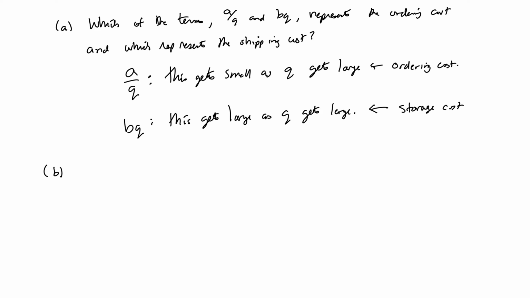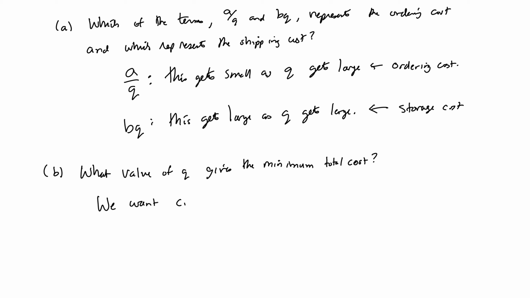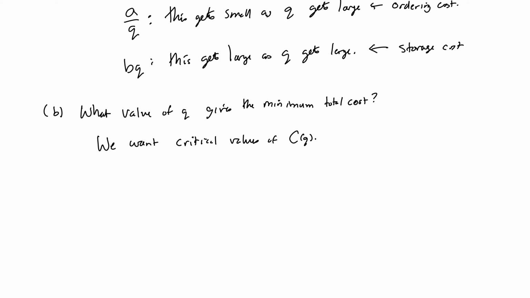That's our first step. Now let's look at what value of Q gives the minimum total cost. So for this, what we're looking for are critical values of C of Q. So that means we need to take the derivative.